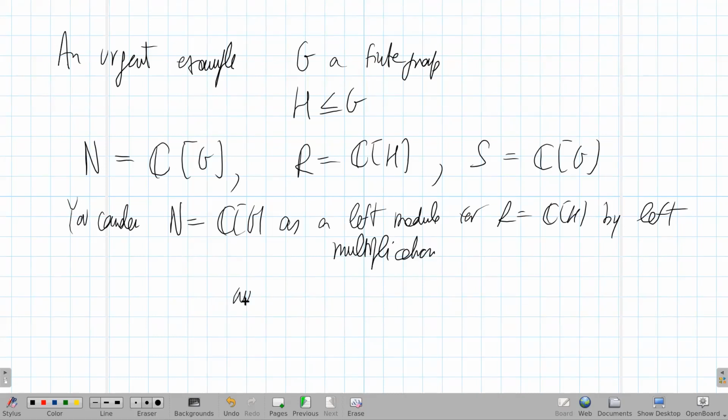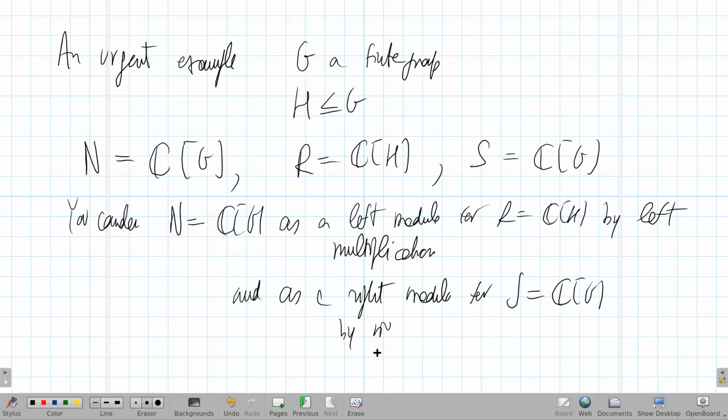And as a right module for S, which is C of G. So these are seen as rings. The CG appears two times, but in this case it's an abelian group, and this is a ring, by right multiplication.